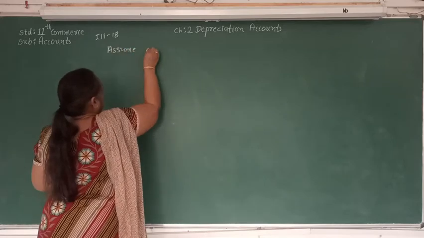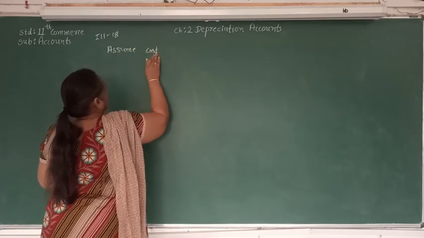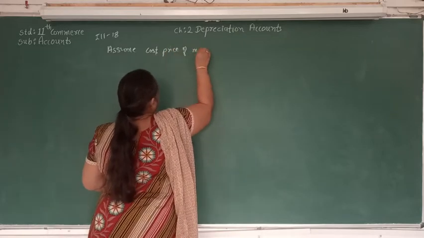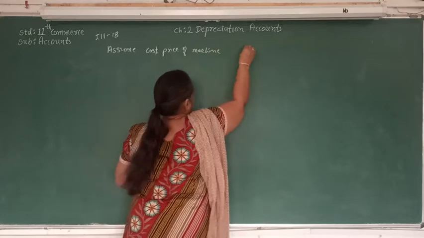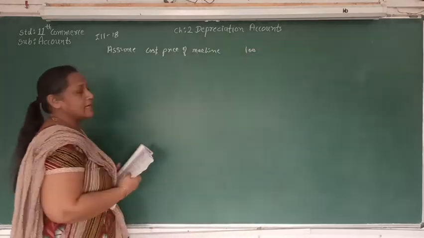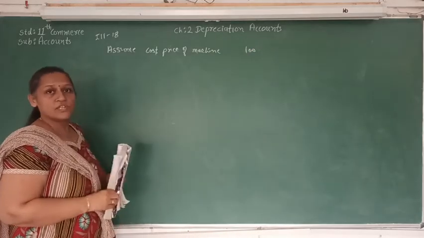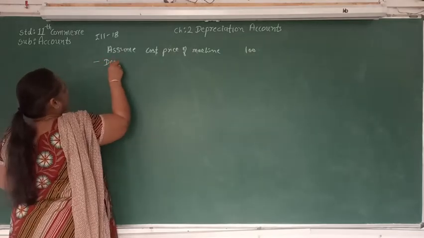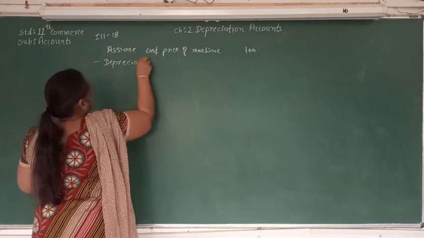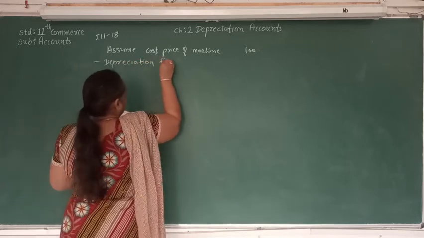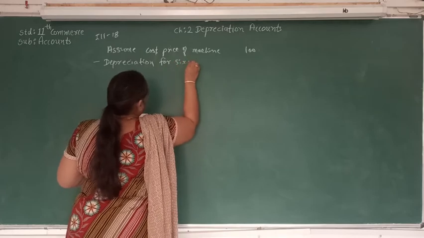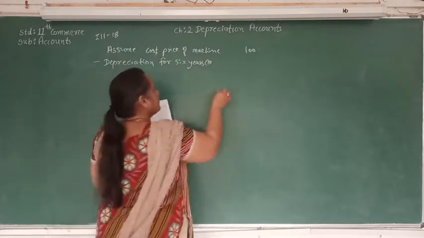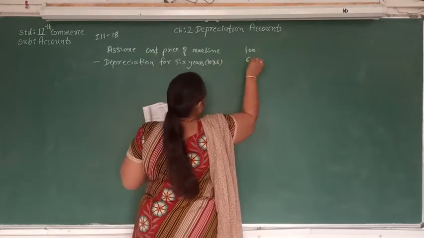Now, under straight line method, depreciation for 6 years will be 10% into 6, so that will be 60.